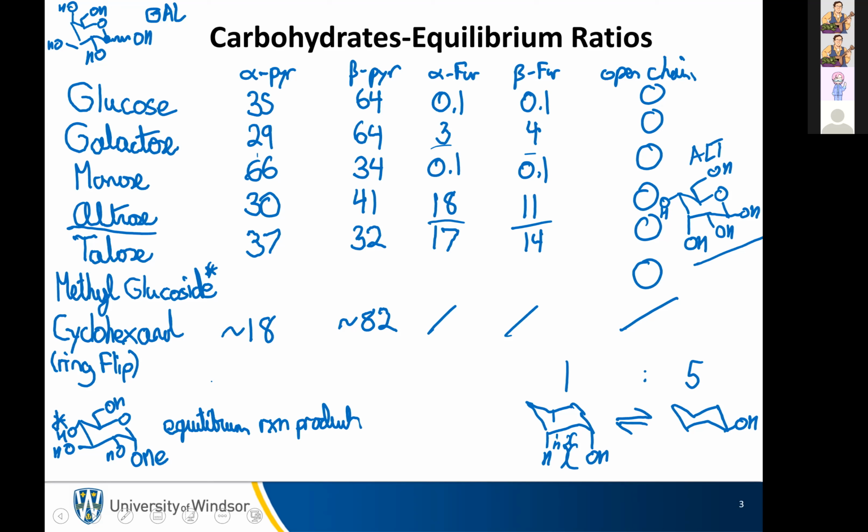Talos is kind of like if galactose and mannose have a baby. Sorry, I draw this at an angle and I'm going to make my life hell.